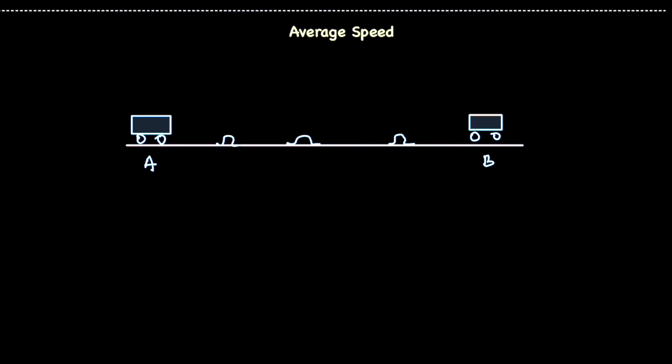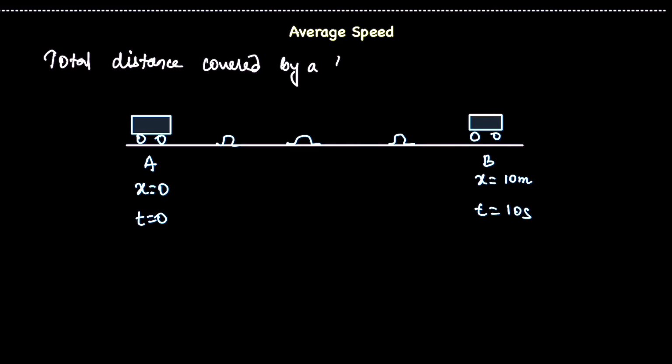It means that if a body starts from x is equal to 0 and reaches x is equal to 10 meter, if the initial time is 0 and the final time taken is 10 seconds, what is the average speed? Average speed is defined as the total distance covered by a body in a given time interval.